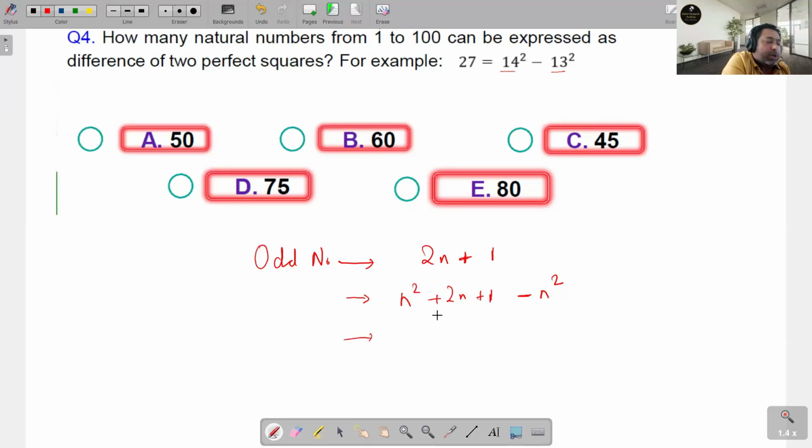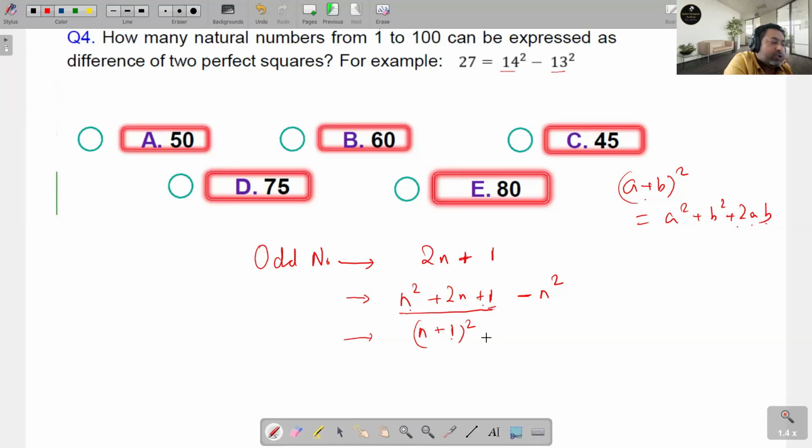Right? Now this one over here is of the form of n plus 1 whole square. So if you know, a plus b whole square is equal to a square plus b square plus 2ab. So if the n is a, then you have the n square, and if the 1 is b, then it is plus b square, 1 square will be 1 only, and then 2 into n into 1 will give you a 2n.